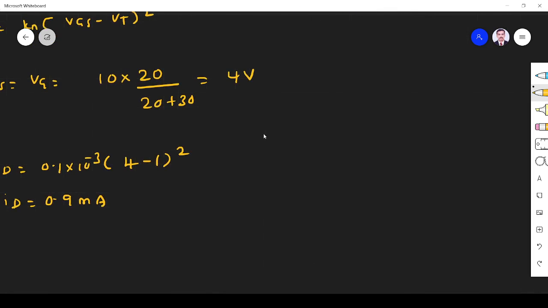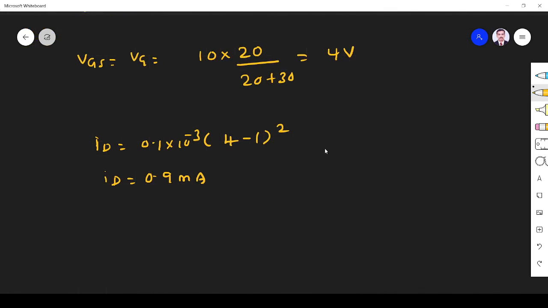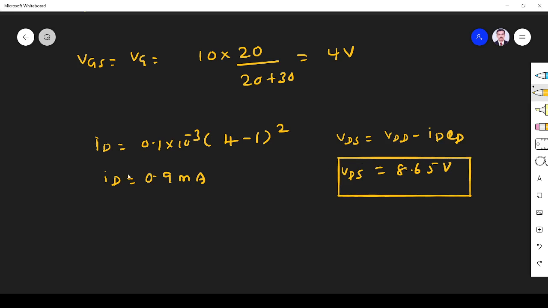Next, what we have to find? We have to find VDS. VDS is equal to VDD, that is given in the problem, minus ID, which we just found, times RD, which is in the problem. So substituting all the values, VDS is equal to 8.65 volt. And we have to confirm whether these values are correct or not. What is the assumption we made? We made the assumption that the device is in saturation.